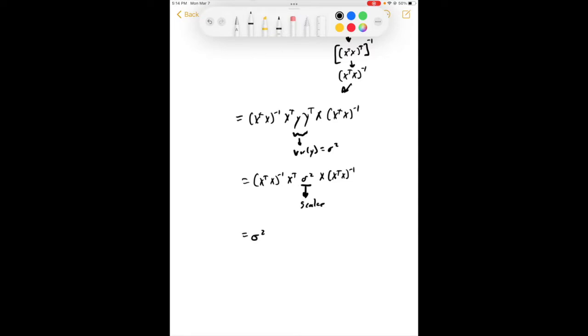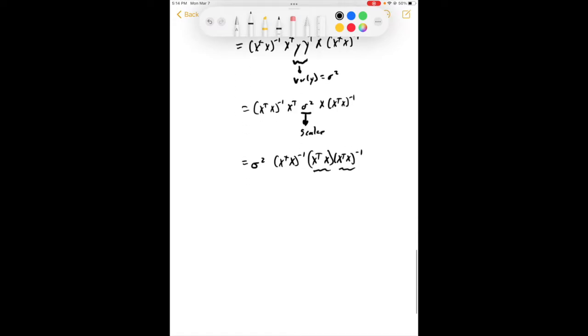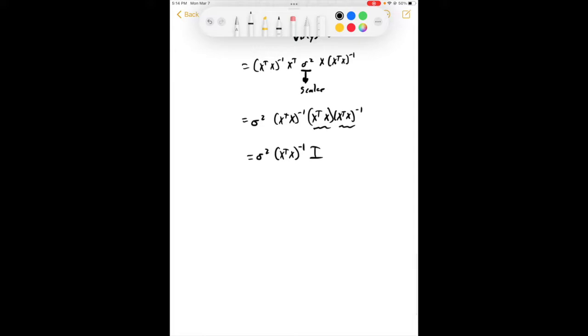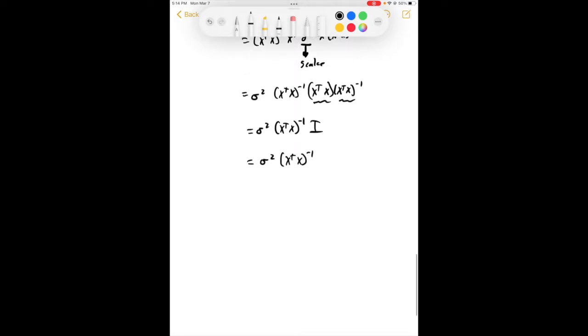We'll put it up here on the front. Hopefully you guys are seeing that these two are inverses of each other, so they are going to multiply to become the identity matrix, which we really don't care about. So we're going to leave this as sigma squared times x transpose x inverse.